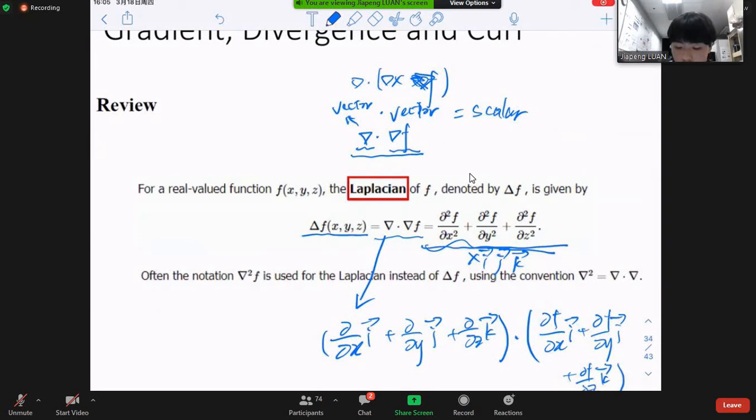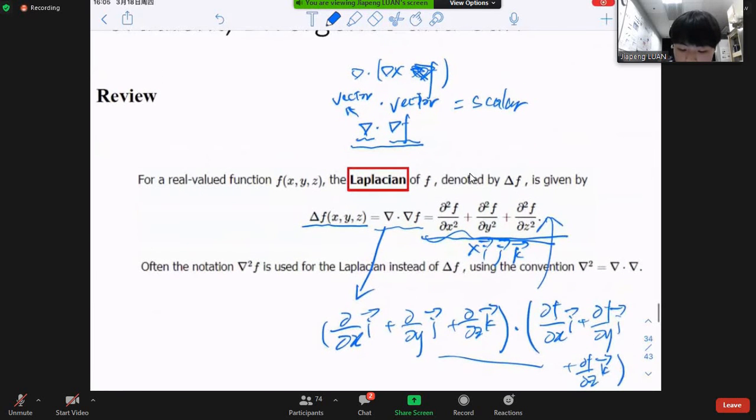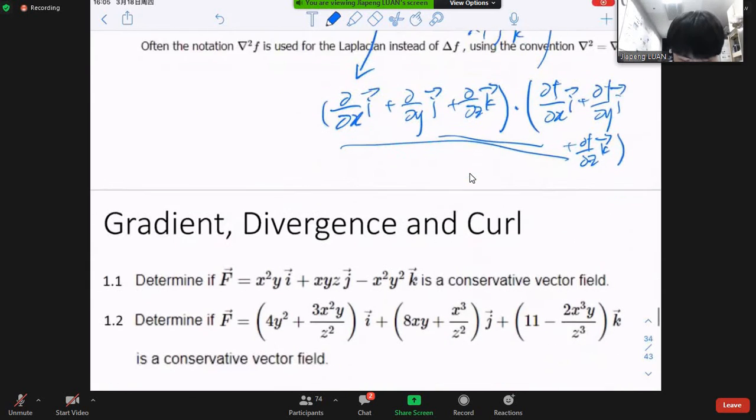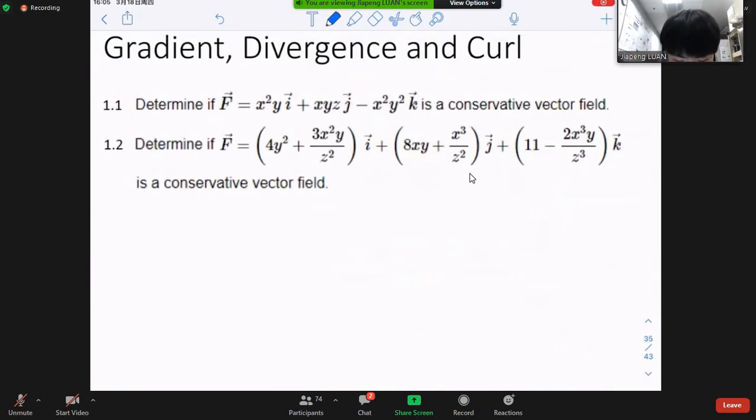And then you dot product these two vectors, you can get this. So if you find it hard to memorize this, you just do a quick calculation like this thing, okay? And then let's just apply these equations.